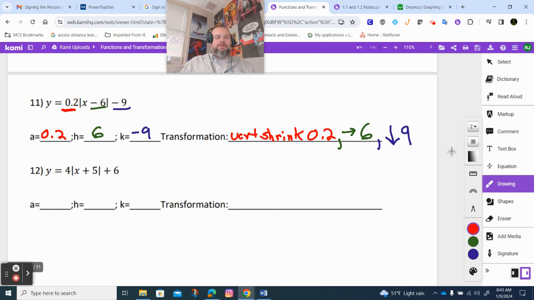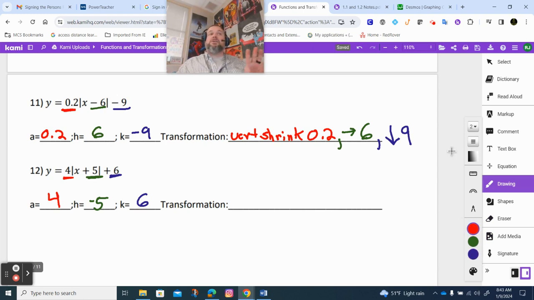All right. Number 12. What's my A value? 4. What is my H value? I thought I heard it, but I kind of hiccuped, so it blocked my one good ear. -5. Okay. And our K is 6. Okay.